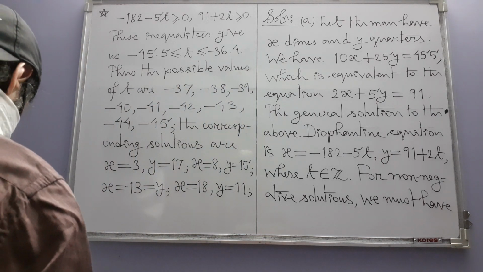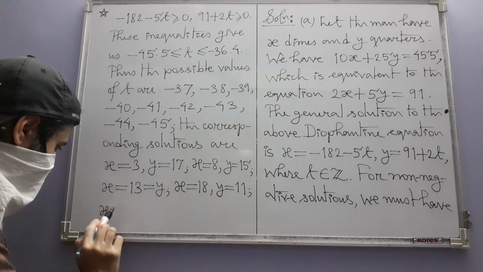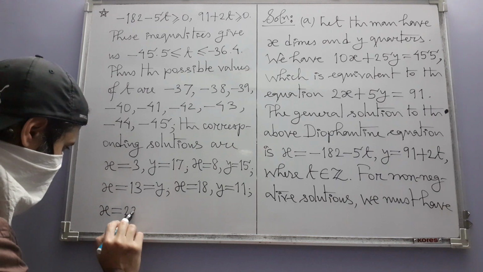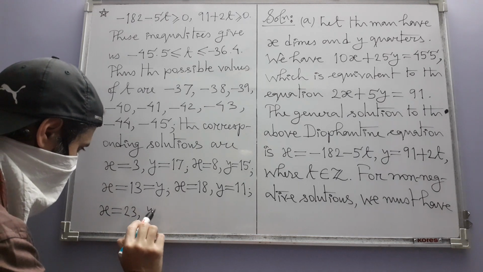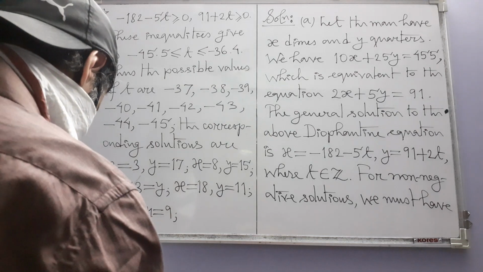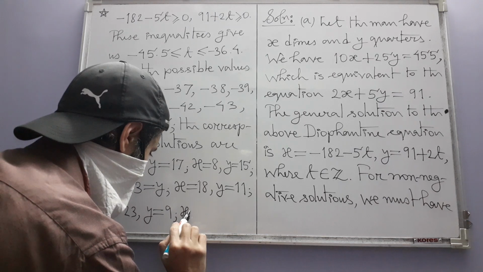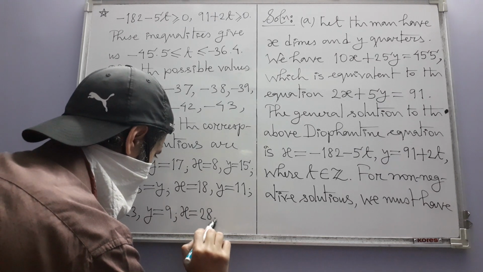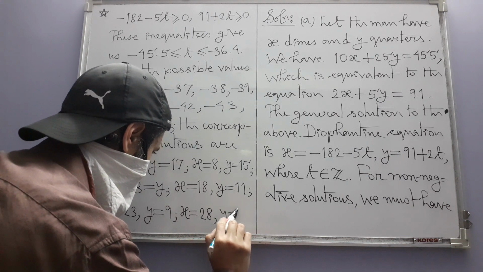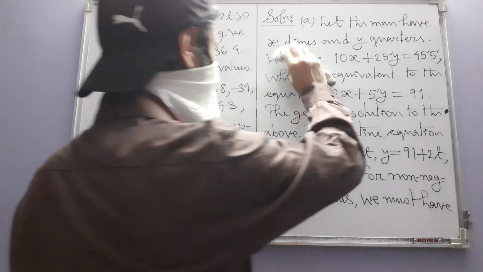Then x is 23, y is 9. Next, x is 28, y is 7. And we have others as well.